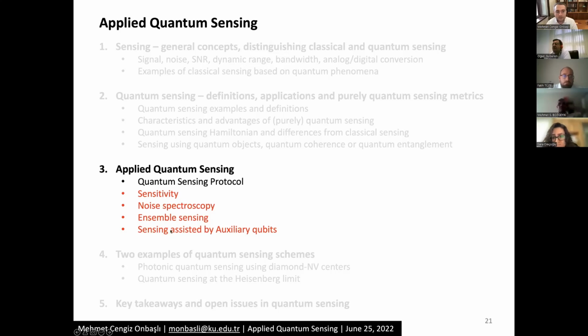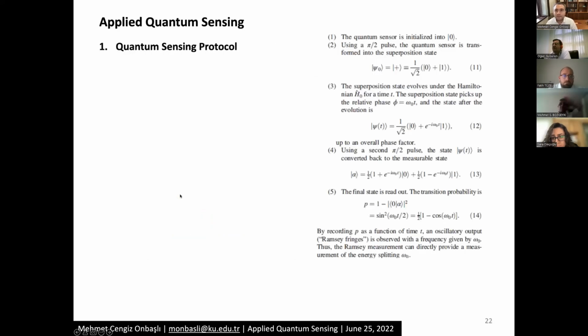more detailed presentation for these parts later, but the whole idea is that we want to first initialize our quantum sensor into a zero state, and we use a pi/2 pulse, as you may remember in the Bloch sphere. We essentially had the initial superposition state, and then what we did is we let our state evolve, and it picked up a relative phase over this time step.